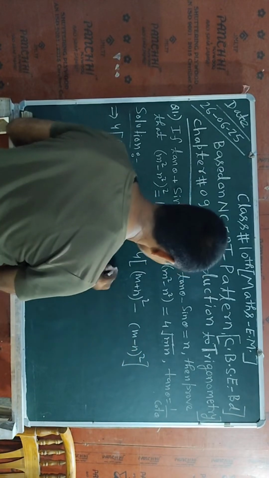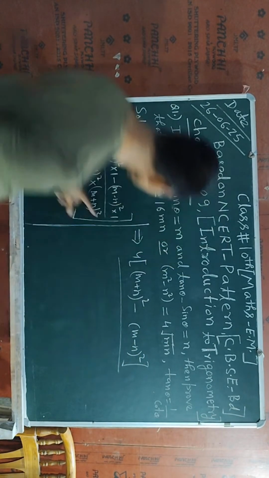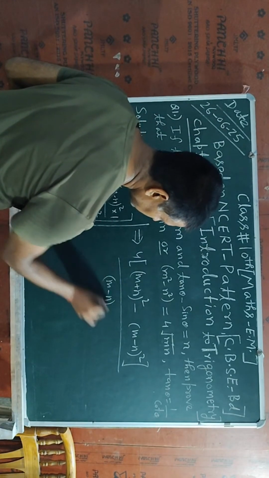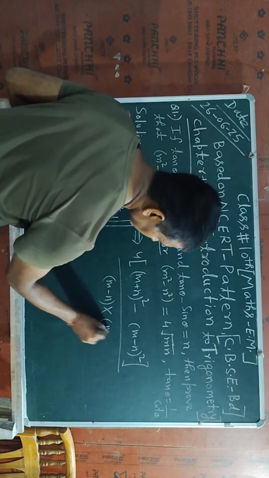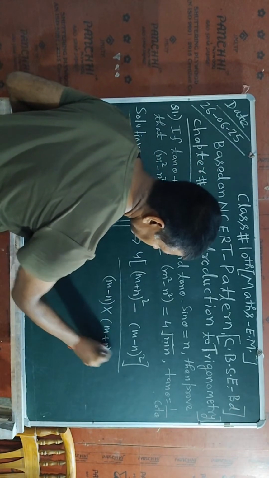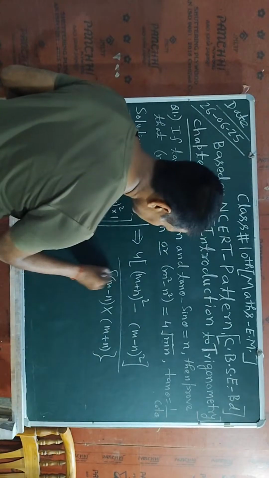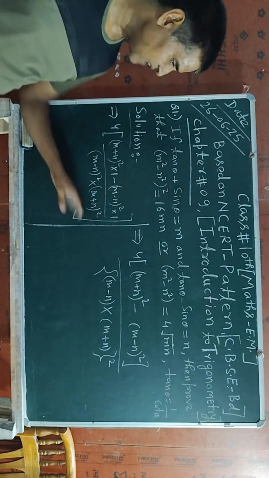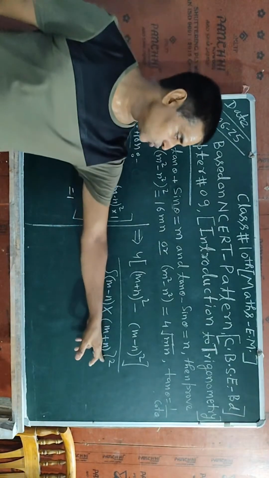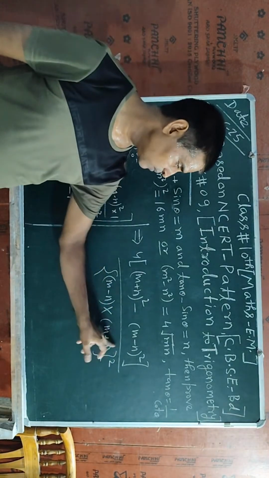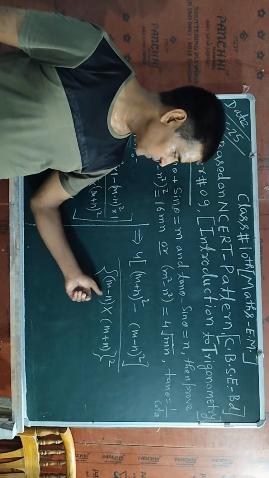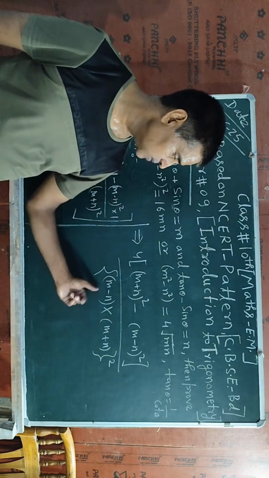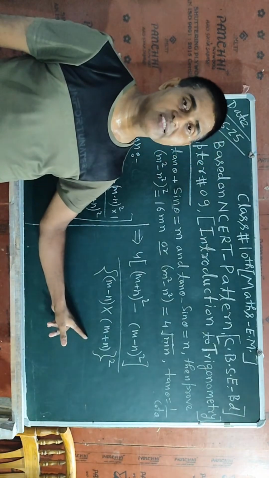Okay, divided by, here again (m minus n) into (m plus n), and I can write here whole to the power 2, because I can write this information like this, because this 2 will come on here and this 2 will come on also here. So m in one bracket m minus n and in other bracket m plus n. This will be m square minus n square.